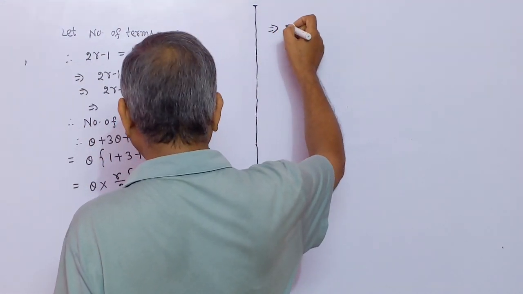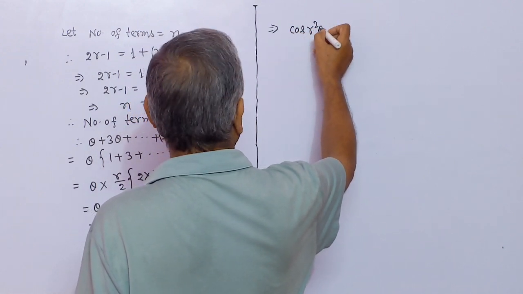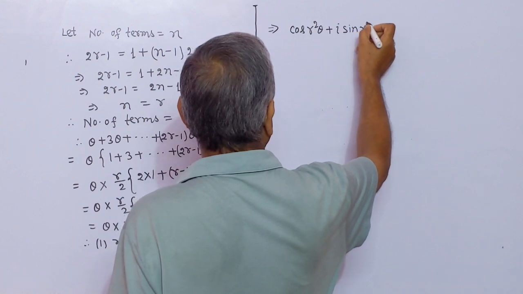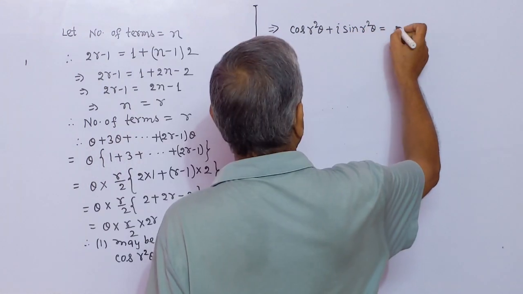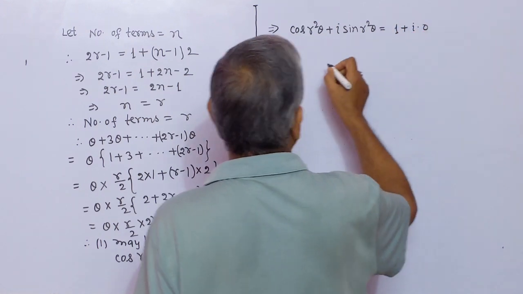Implies that cos(r square theta) plus i sin(r square theta) equal to 1, means 1 plus i into 0.